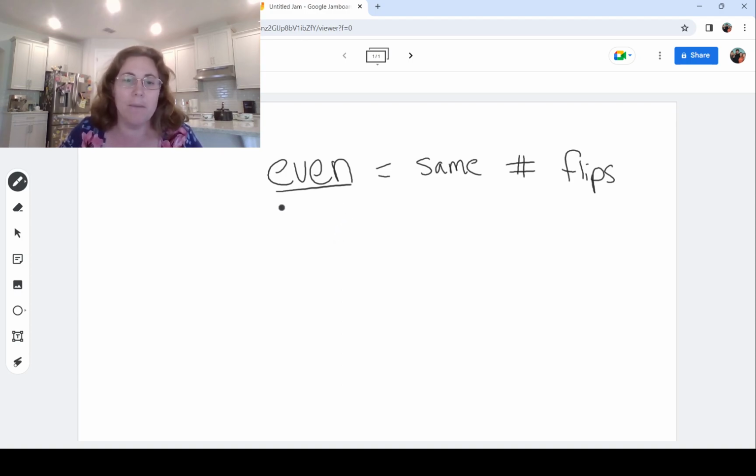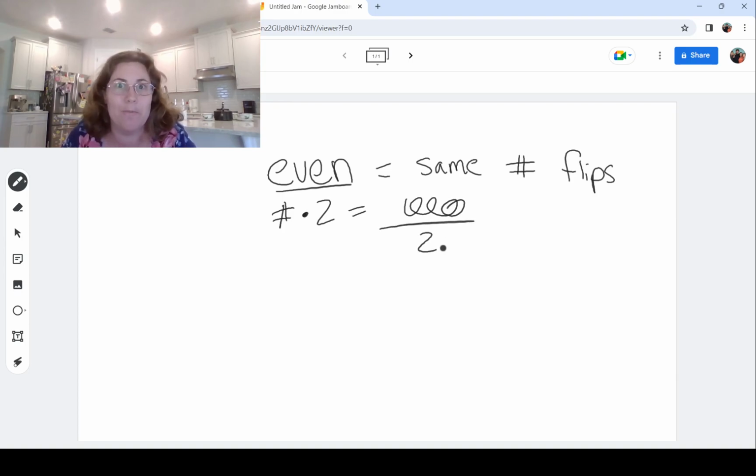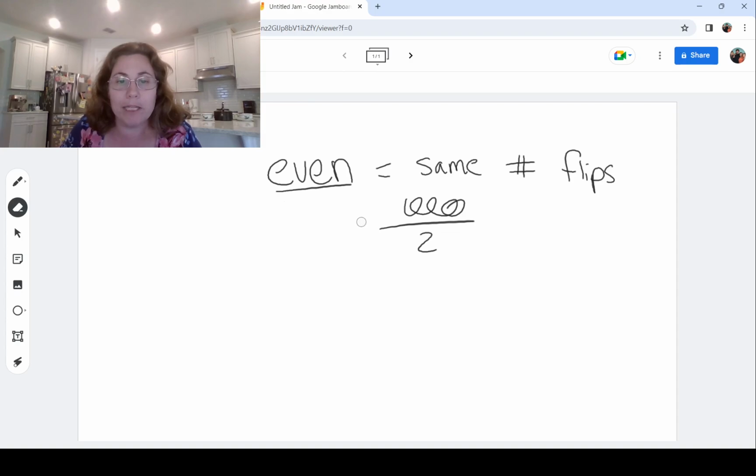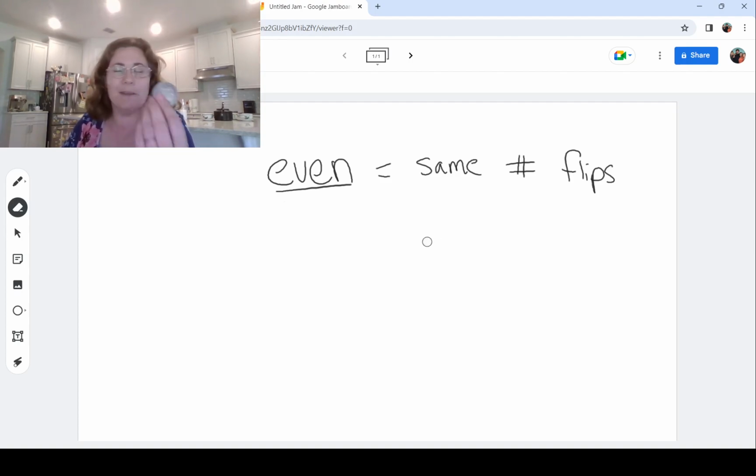So I take that number, whatever it may be, I times it by 2, right? And that is an even number, so it's going to be very easy to have whatever number I have be divisible by 2. And that is ideal because we're hopefully going to see in our experiment that whatever our results are, they get really close to 50% of the time it's heads, 50% of the time it's tails. Or my coin, 50% of the time it's yes, 50% of the time it's no.